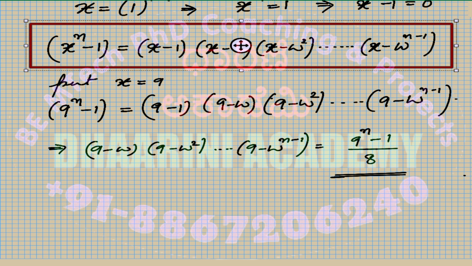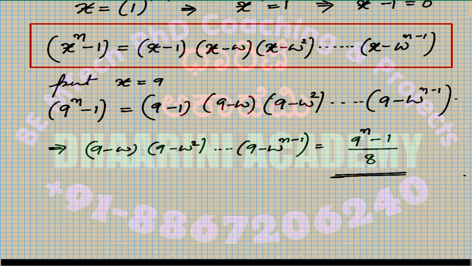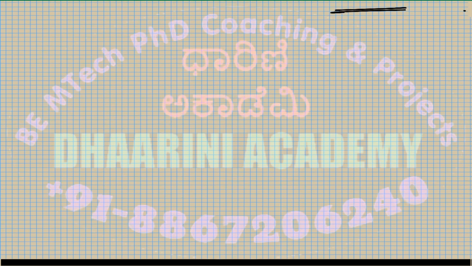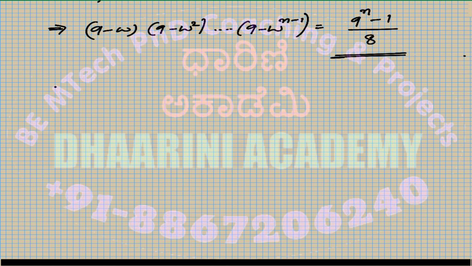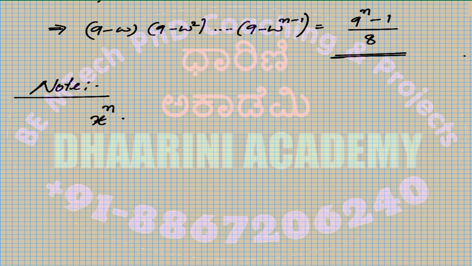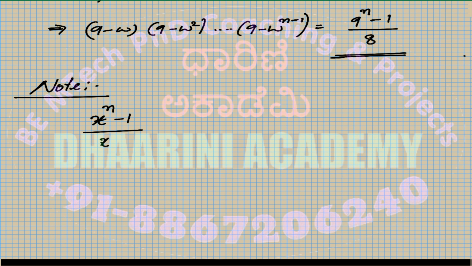Alright. So again, in some of the old papers, we can see slight modifications to this problem, and maybe we can use that as a note. So far we understood that instead of 9, if I keep x as it is, we can rewrite this as x to the n minus 1 divided by x minus 1.